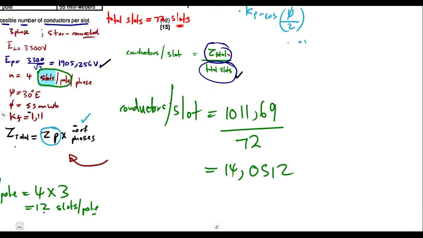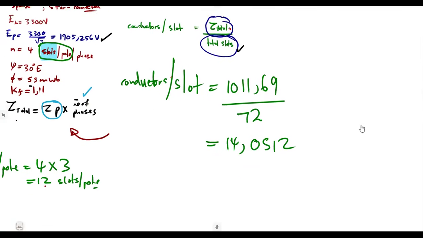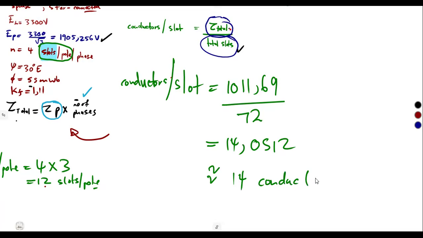Fill in what is missing, find what is missing until you get to the final step. And since these are conductors per slot, we can approximate this to the nearest whole number, which is 14. So that's 14 conductors per slot. That is the question, just like that.